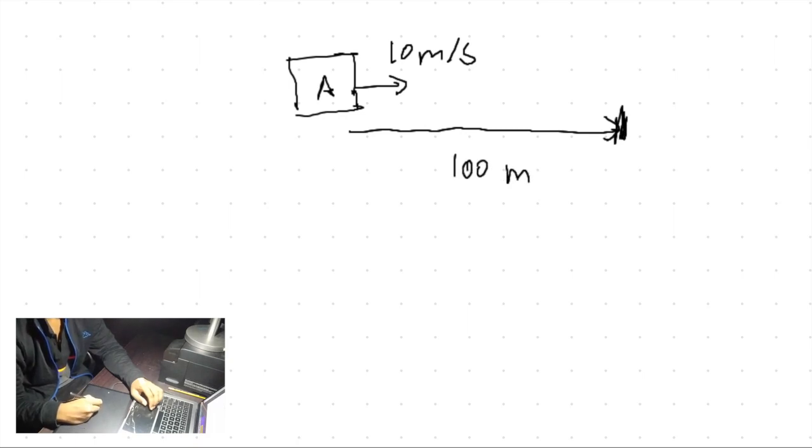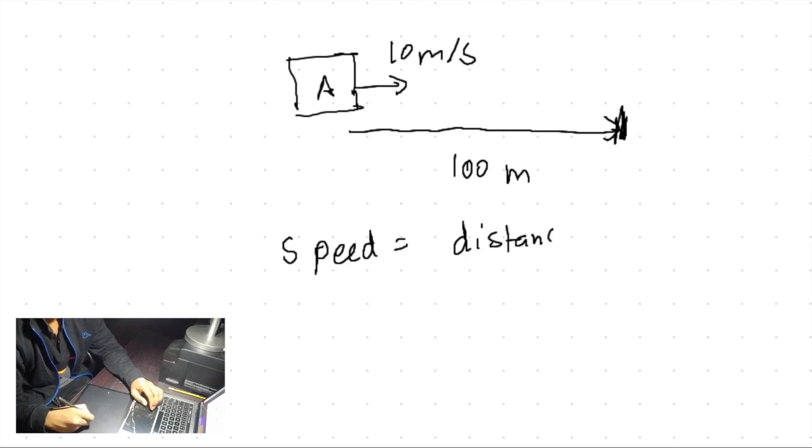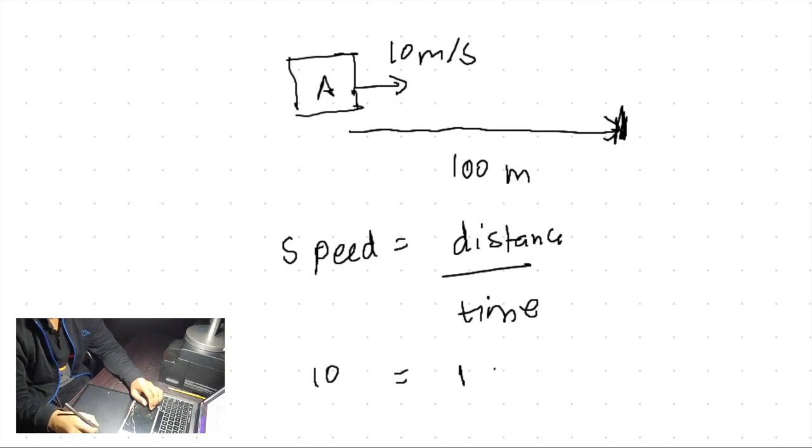So you know the usual formula, which is speed is equal to distance over time. Therefore, where speed is 10, distance is 100, and time t we have to find.